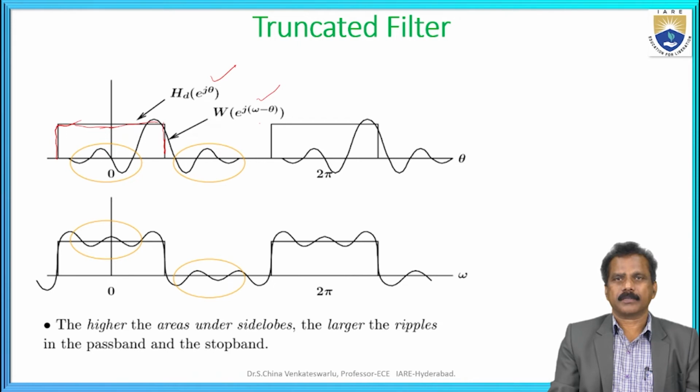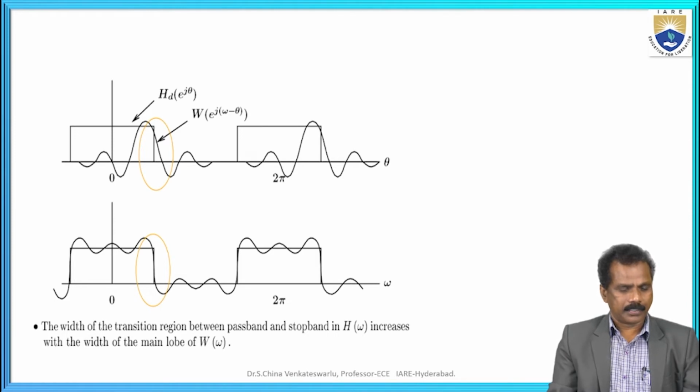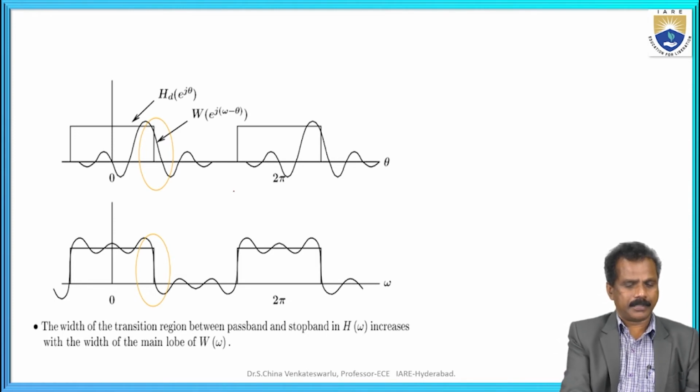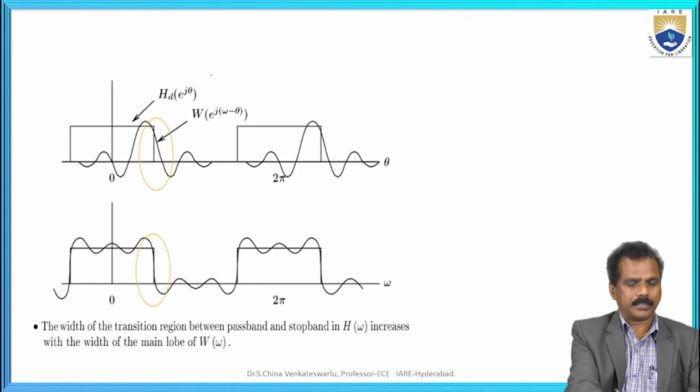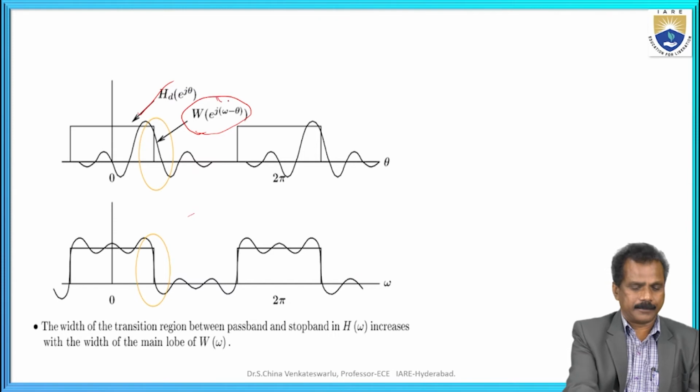We can consider this in terms of the truncated filter. Like this, the width of the transition region between the pass band and the stop band in H D of omega increases with the width of the main lobe of the window.